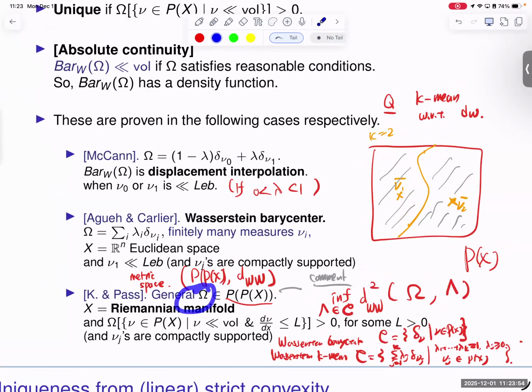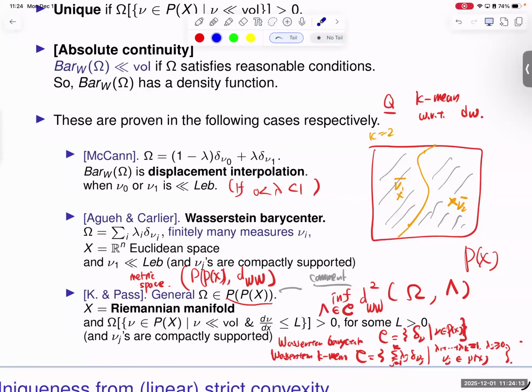In fact, you will see that this generalization from finite to continuous measures is, in some sense, not that big a jump, because of the law of large numbers.